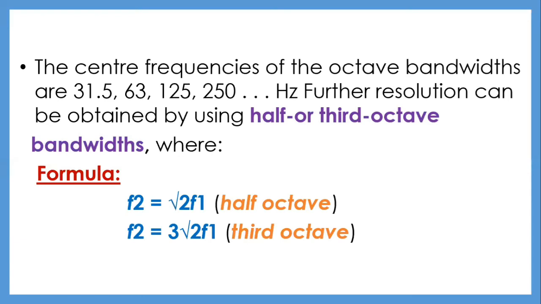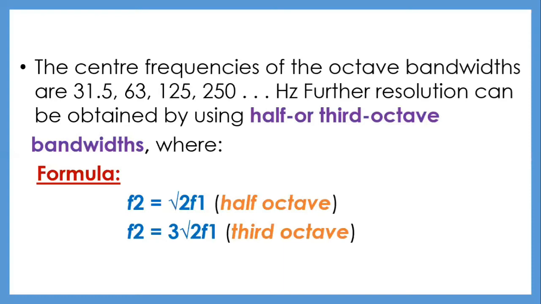Octave analysis and its variations are logarithmic scales and are used to take account of the ear's approximate logarithmic frequency selectivity. They have disadvantages when the goal is to analyze the sound source because resolution drops as frequency increases, such that the bandwidths get wider and all sounds within a bandwidth are added together.